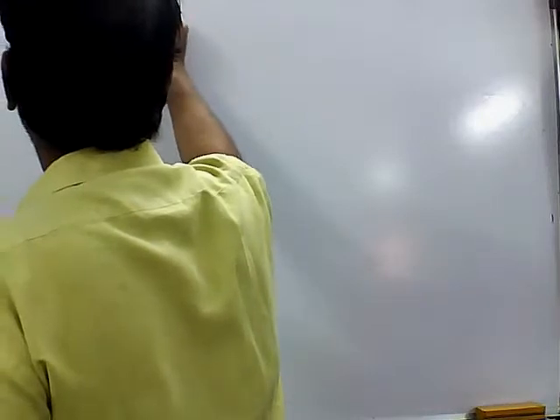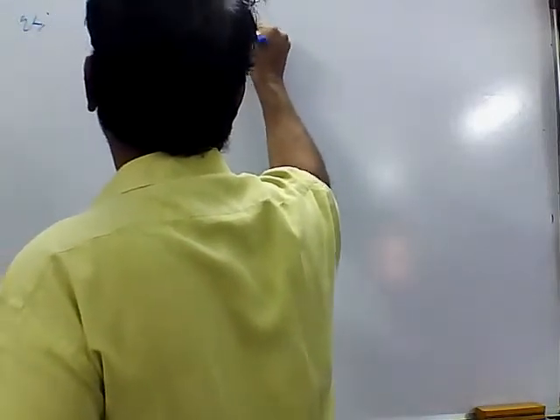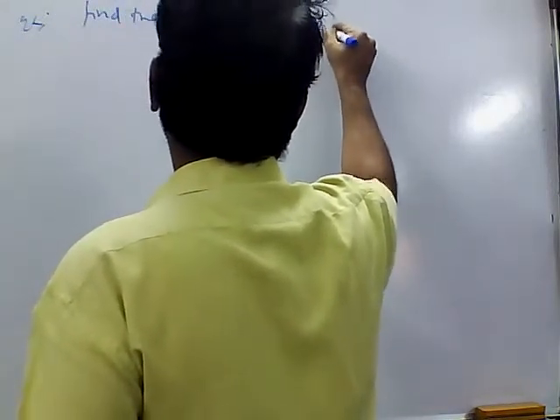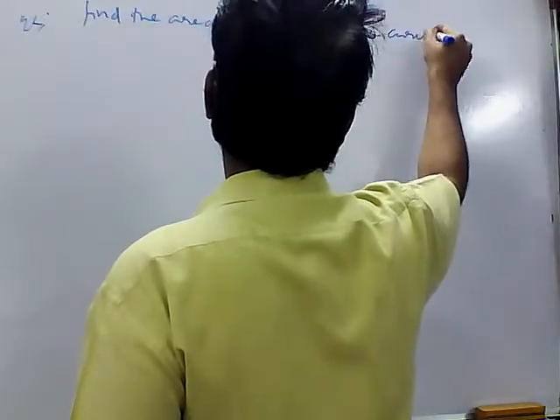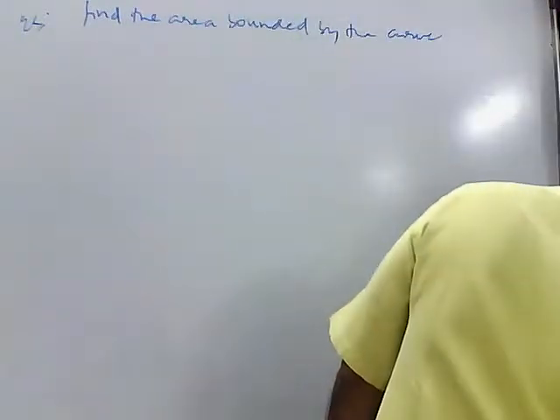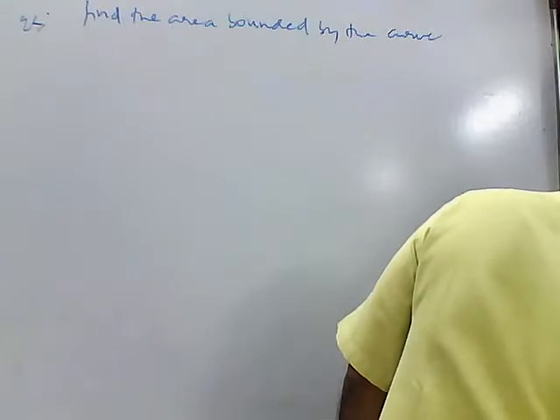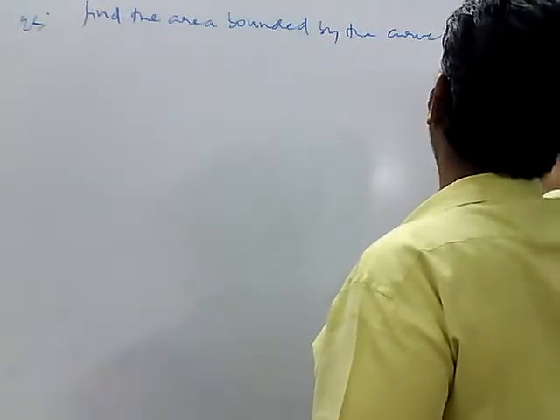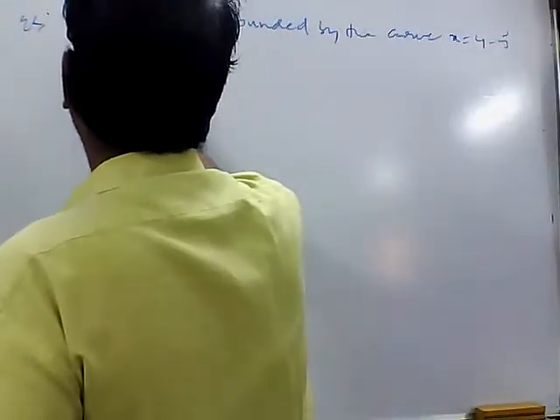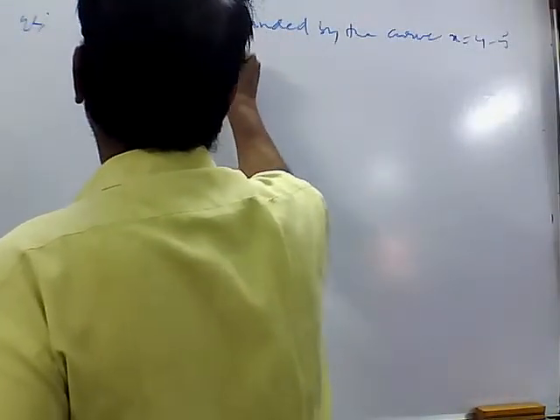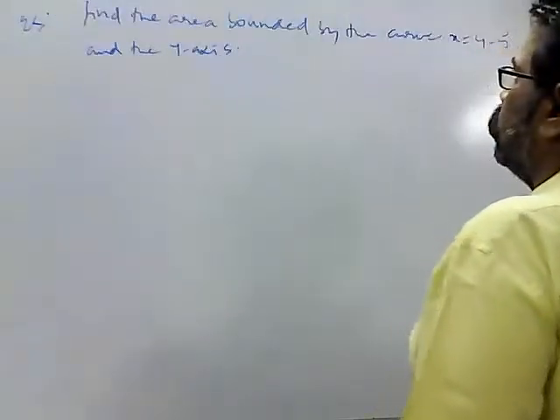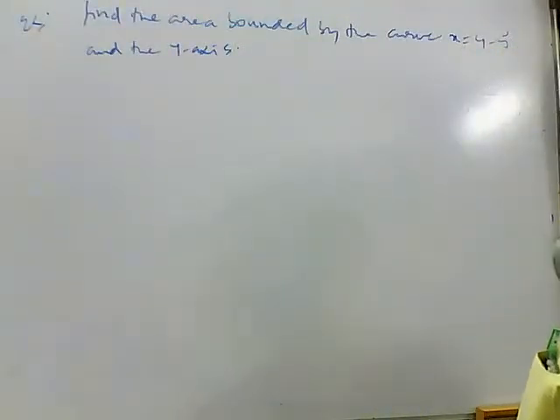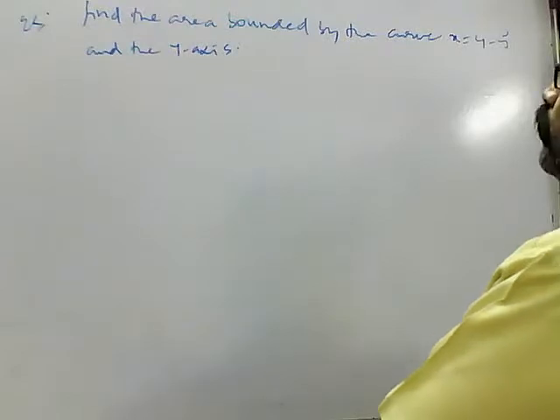Find the area bounded by the curve x equal to 4 minus y square and the y-axis.